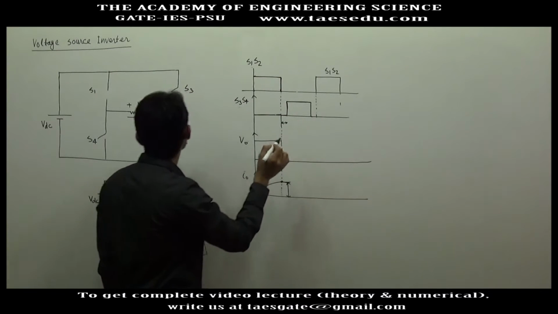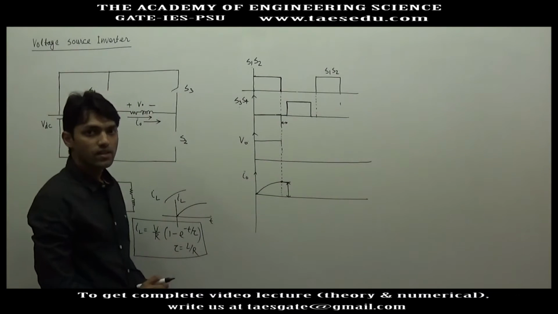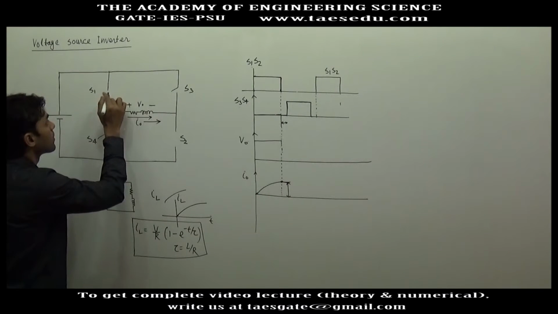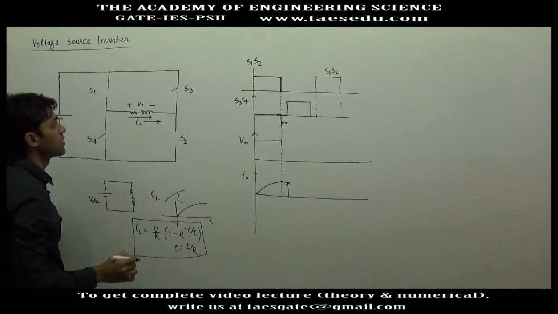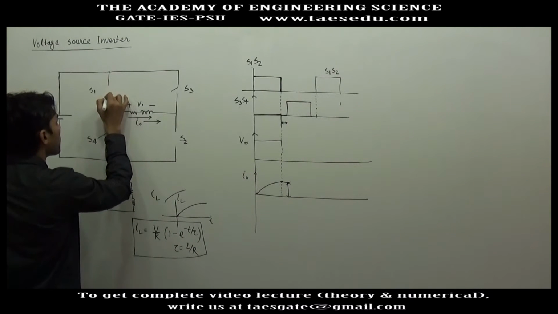So there is no path for inductor current, but inductor current cannot be made zero instantaneously. So you need to have a path for inductor current, and to provide that path we connect an anti-parallel diode across the switch.